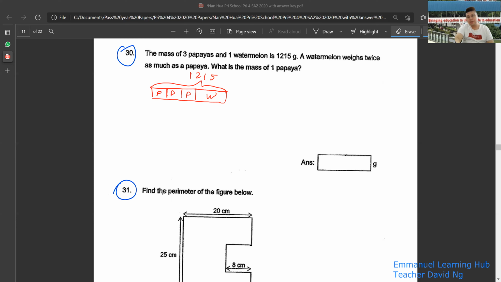Understand the model? Yes. A watermelon weighs 2 times as heavy as a papaya. Understand? Yes.